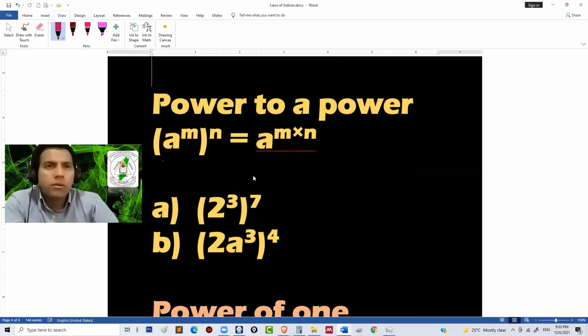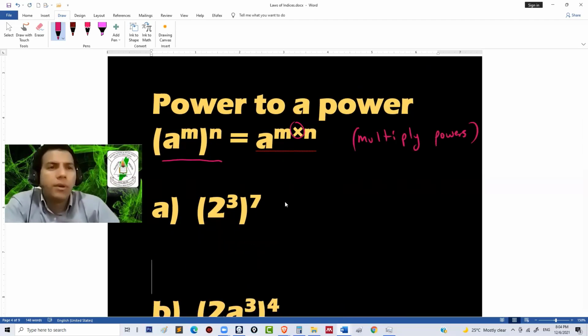Now we want to focus on power to a power. According to the rule, power to a power, we multiply the powers. We have 2 power 3 raised to the 7th power.